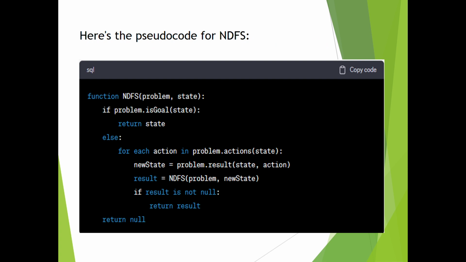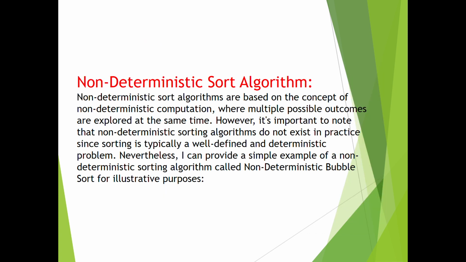Here is the pseudocode for the NDFS function. This is the function where we are passing the problem and state. If problem dot is goal state, return state. Else for each action in problem actions state, new state equals problem dot result state action, result equals NDFS problem new state. If the result is not none, return result; otherwise return none.